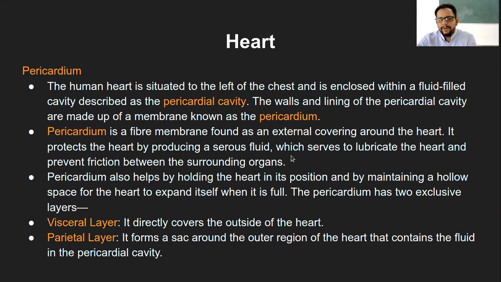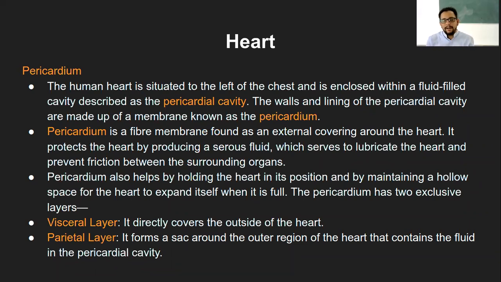And this serous fluid or pericardial fluid serves to lubricate the heart and prevent friction between the surrounding organs. Now, this is a very common phenomenon around each of the organs. Even with the lungs, around the lungs you have pleura or pleural cavity, which has pleural fluid, which does not allow friction between the lungs and the outside structure.